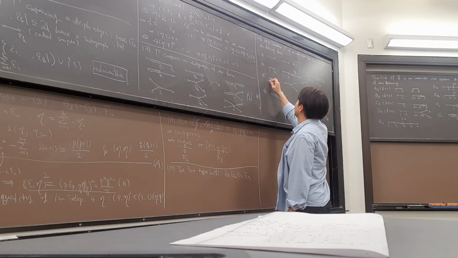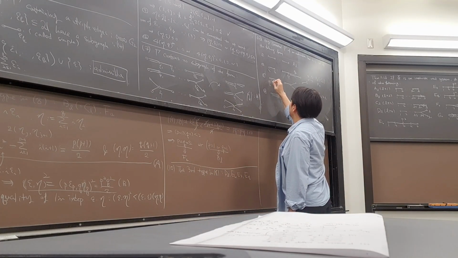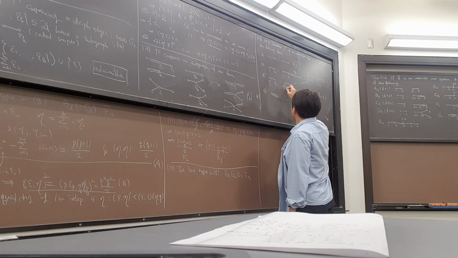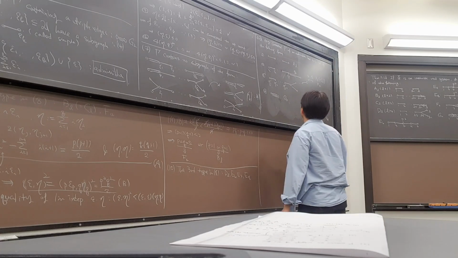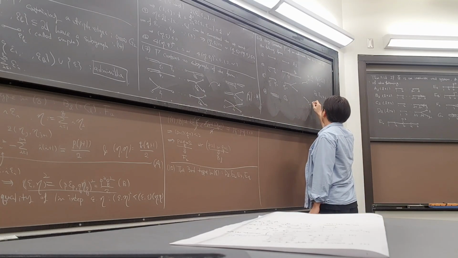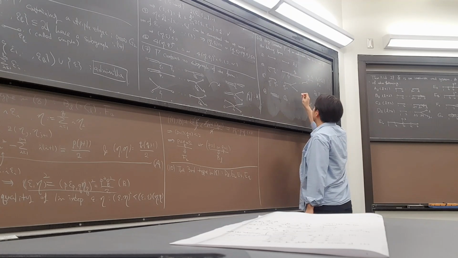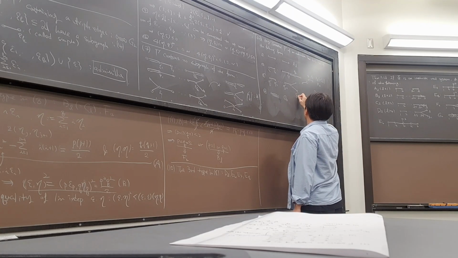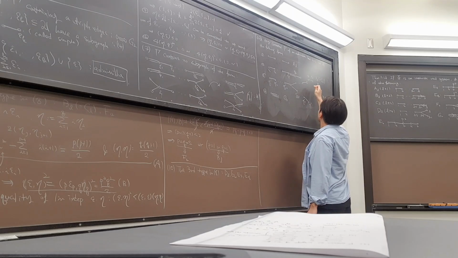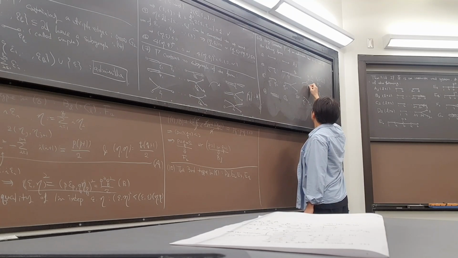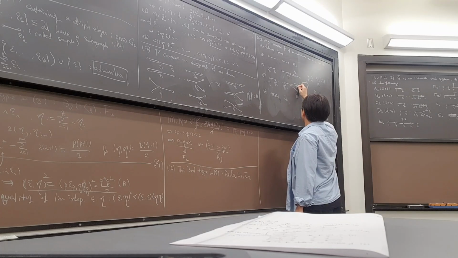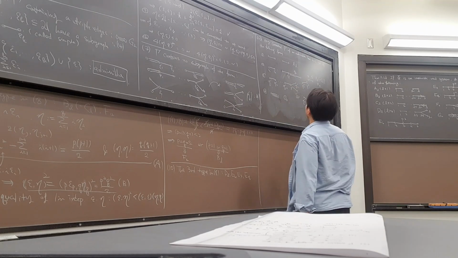And I want to also denote u11, u12, up to u1,p minus 1, and u21, u22, up to u2,q minus 1, and u31, u32, up to u3,r minus 1, and I want to clarify this.